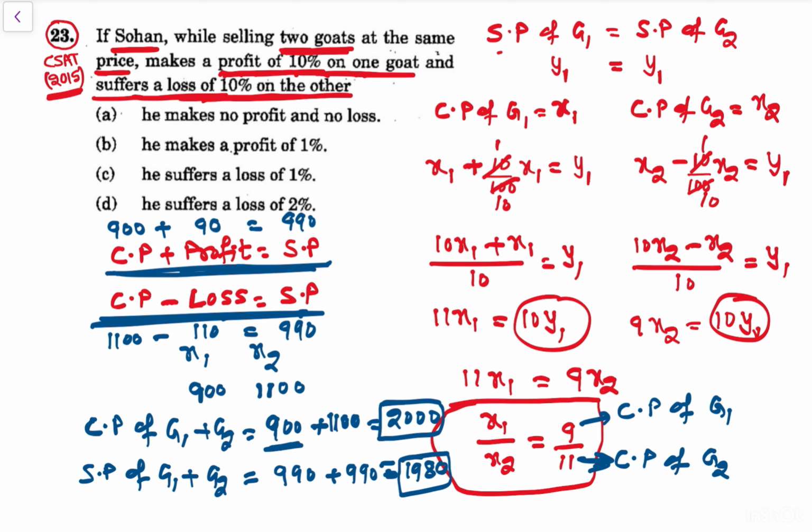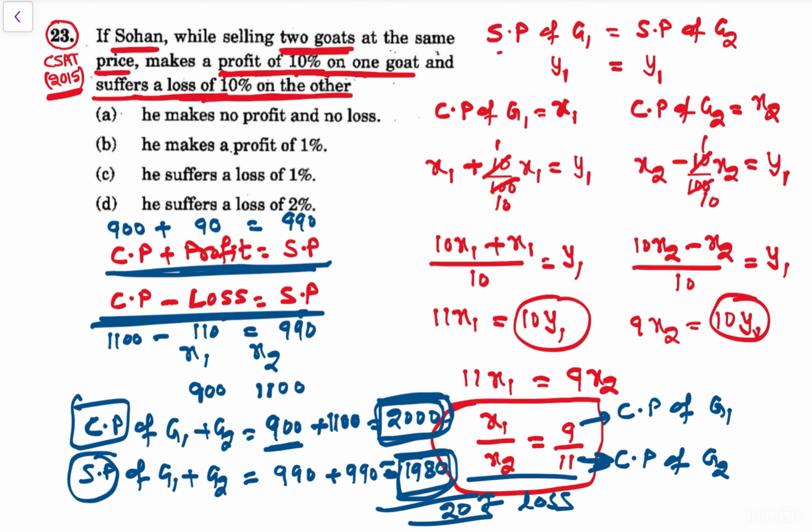Now see, to buy both we spent 2000. By selling we only got 1980, so that is an overall loss of 20 rupees. And loss happens with respect to CP, so that is 20 rupees of 2000.